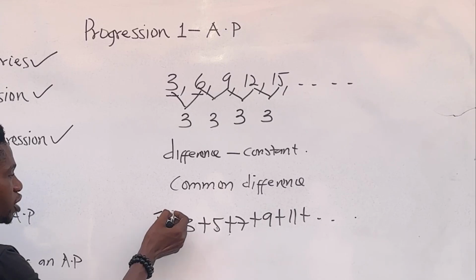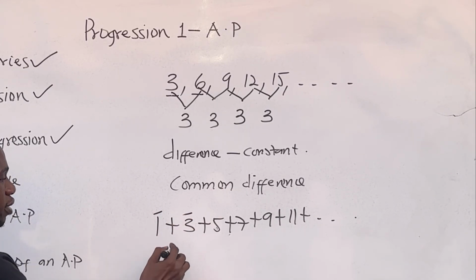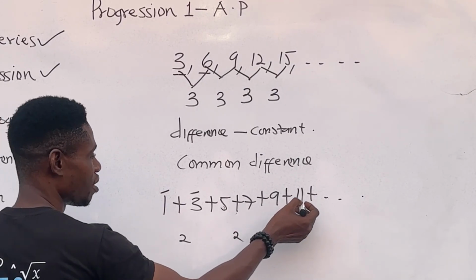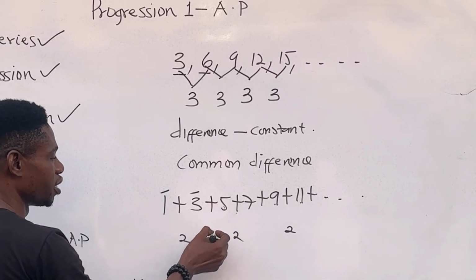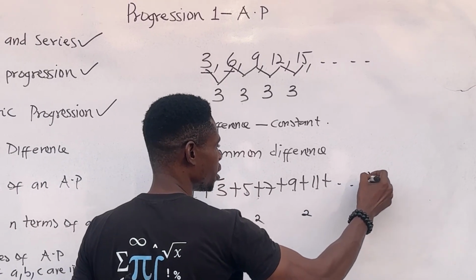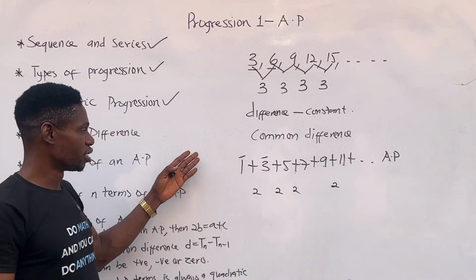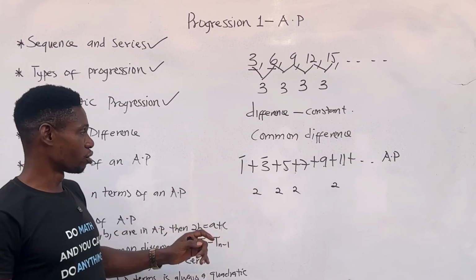Pick two consecutive terms, get the difference. 3 minus 1 is 2. 7 minus 5 is 2. 11 minus 9 is 2. 5 minus 3 is 2. So this is an arithmetic progression. So that's how you know whether or not the series or sequence is an arithmetic progression or not.